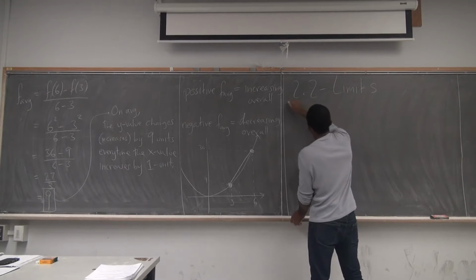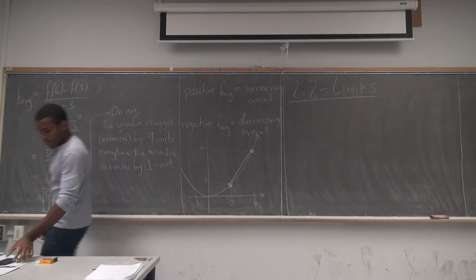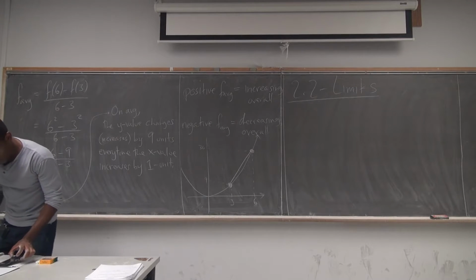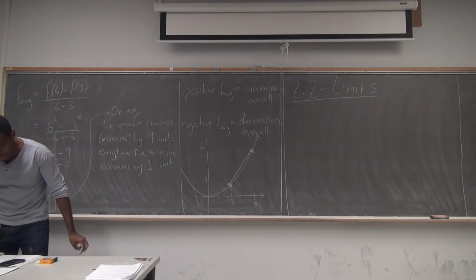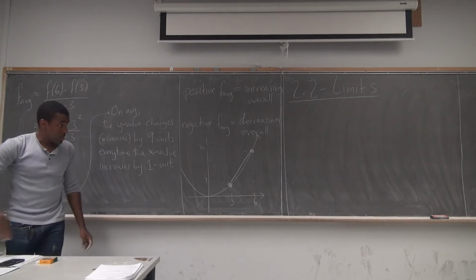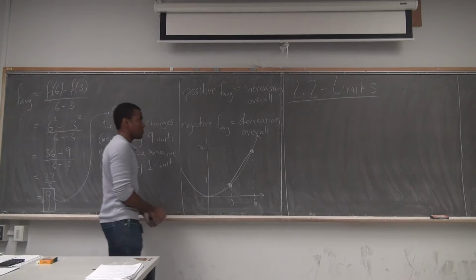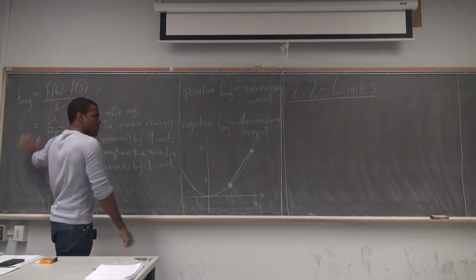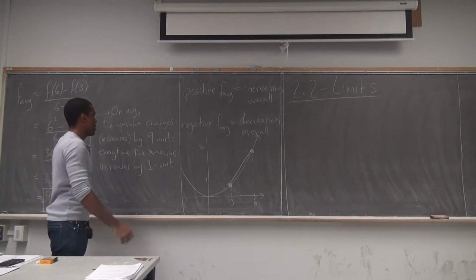Limits. Let's see how far we get with limits. A little over 20 minutes. Any questions on this before we move on? That's one formula. That's basically all you need to know from 2.1.